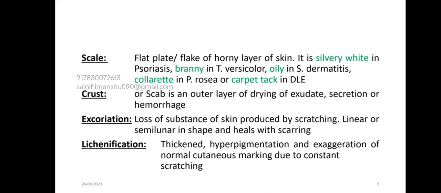Next is crust. We had discussed burrow. Now we are discussing crust. It's a scab which forms on the outer layer of the skin because of drying of a skin lesion, usually a vesicle or a pustule.